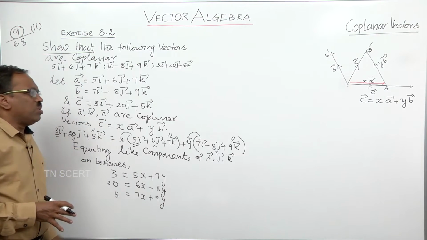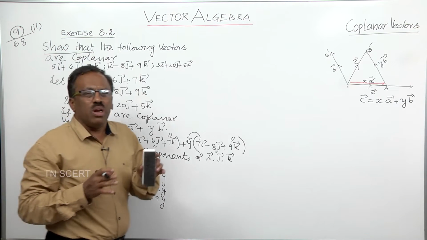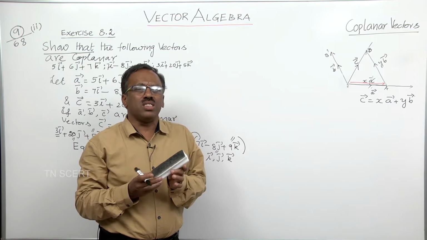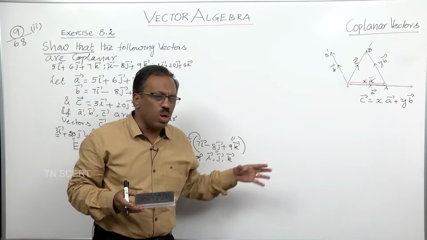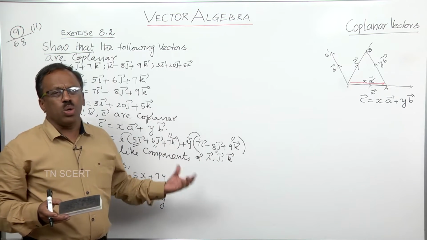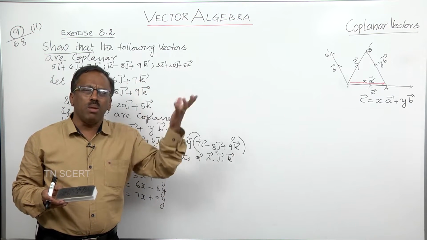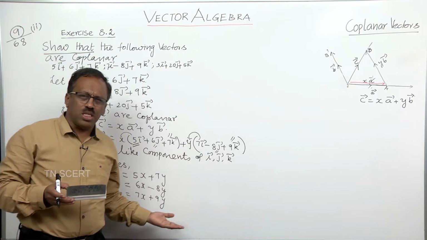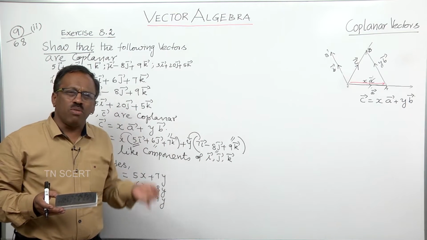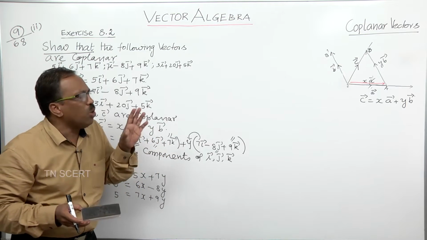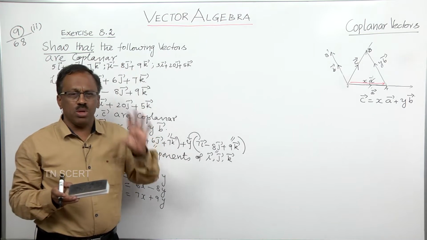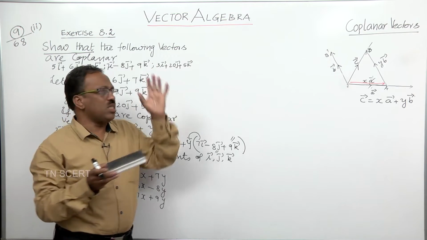Now, you have learned so many things in 10th standard as well as in the lower classes: how to solve 3 equations or 2 equations, so many methods you know. Simultaneous equation method, rule of cross multiplication, so many processes you know. I am going to use the rule of cross multiplication, which is simple and easy.